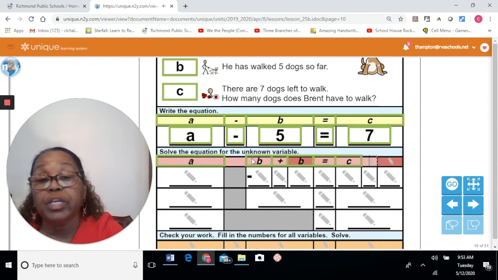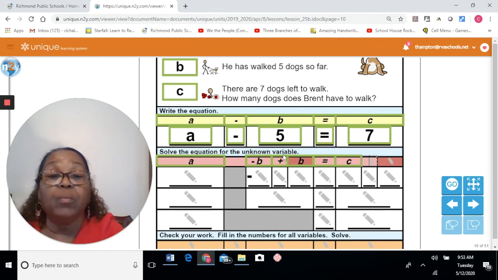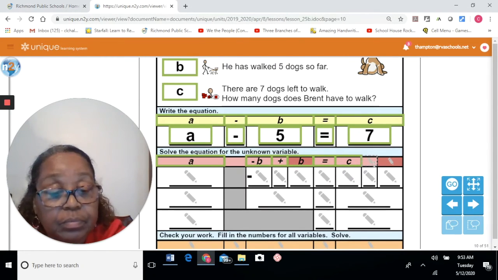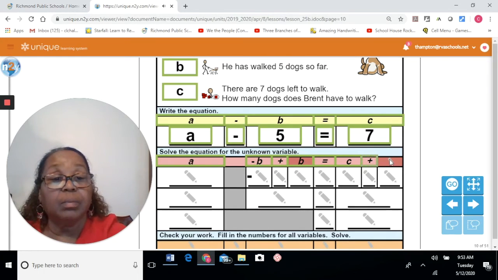Our original operation was subtraction. So this time we added. So this time we must add plus B.